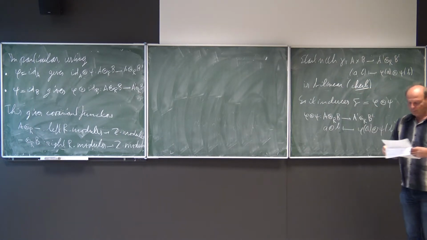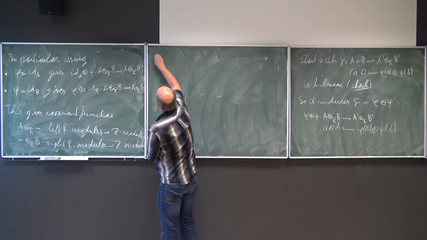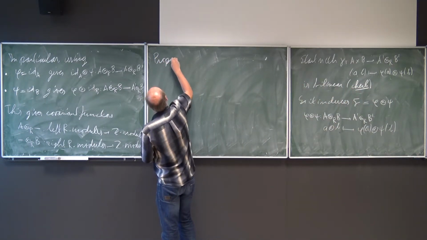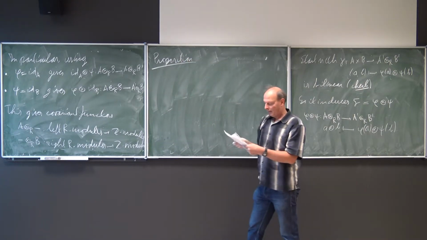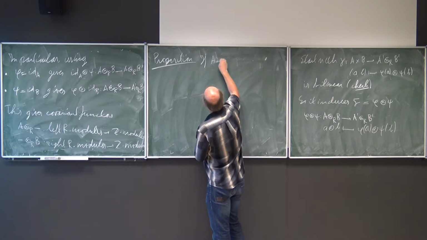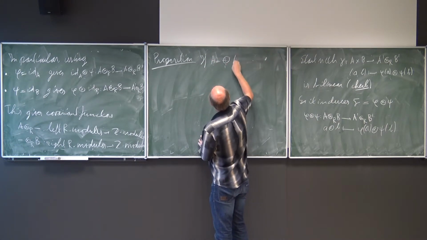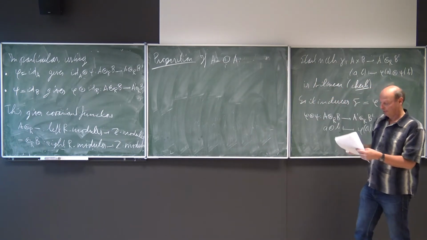Okay, so for the third property, we'll formulate a proposition. Suppose that I assume my A is going to be a direct sum of right R modules.